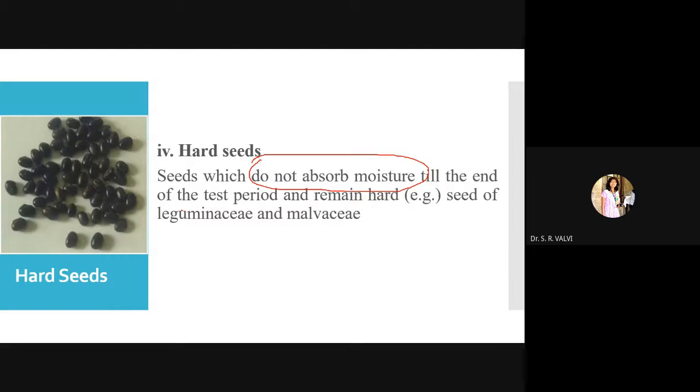If till the end of 3 weeks the seed is unable to absorb moisture, unable to absorb water, and remains hard, then such seeds are called hard seeds. Mostly the seeds of Leguminosae and Malvaceae show this hard seed condition.